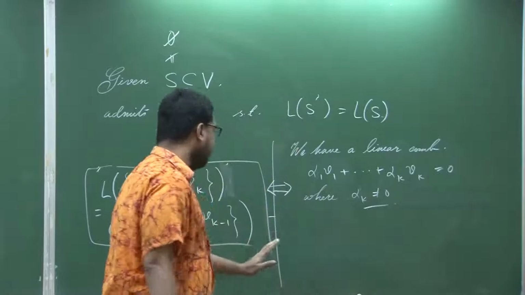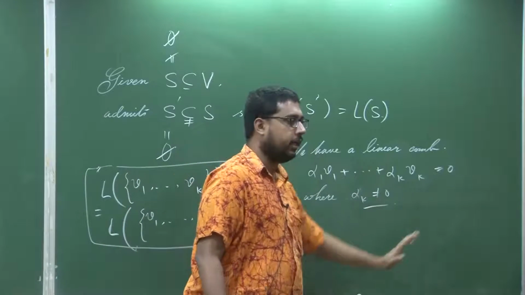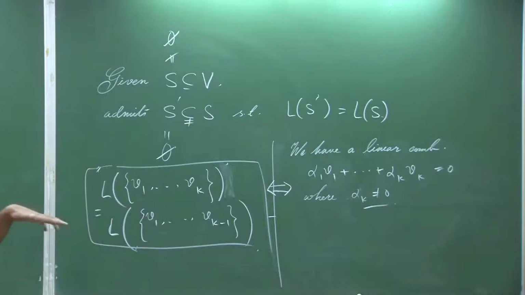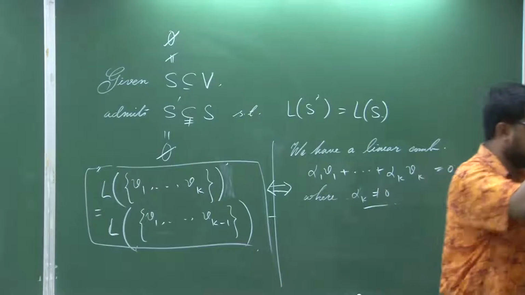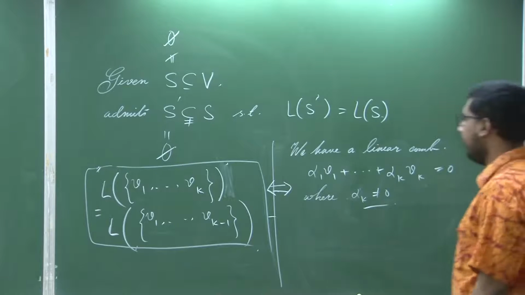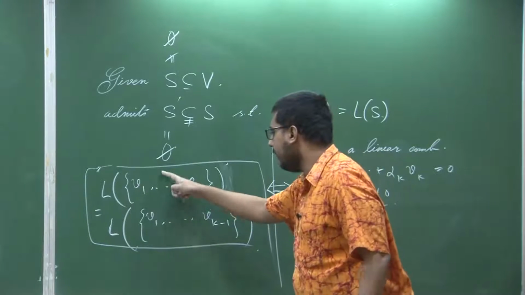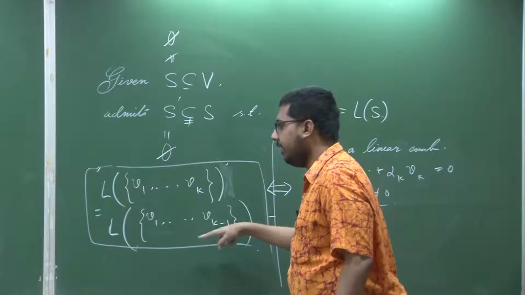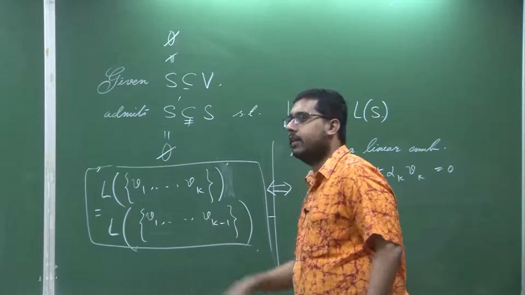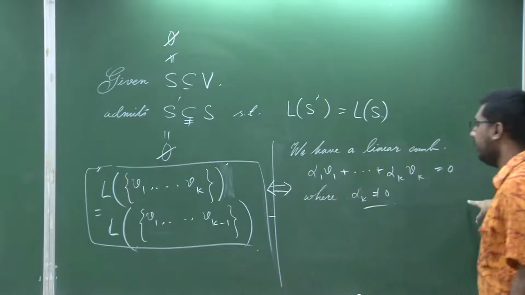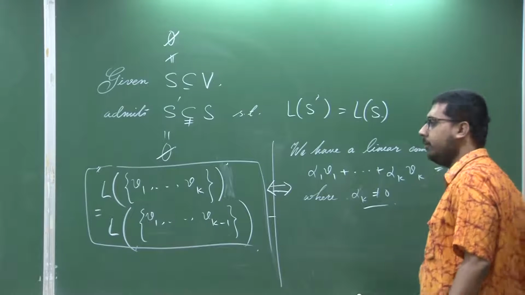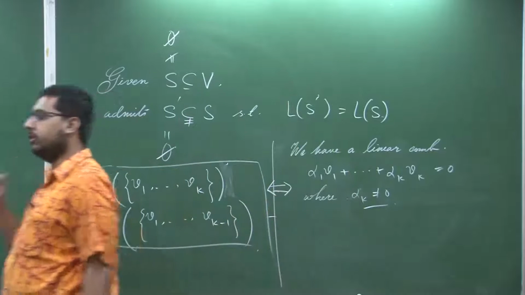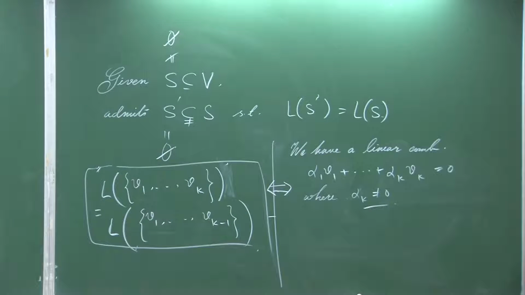So, this happens if and only if, as we have tried to place focus, we have three, in a sense, equivalent characterizations which are very close to each other. One: the linear span of these is the same as that of the others, if and only if Vk is a linear combination of the others, if and only if there is a linear combination such that the combination becomes 0, but the coefficient of Vk becomes non-zero. So, these three are equivalent. Okay.